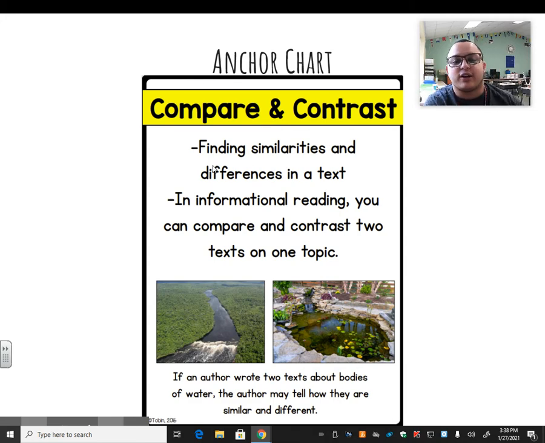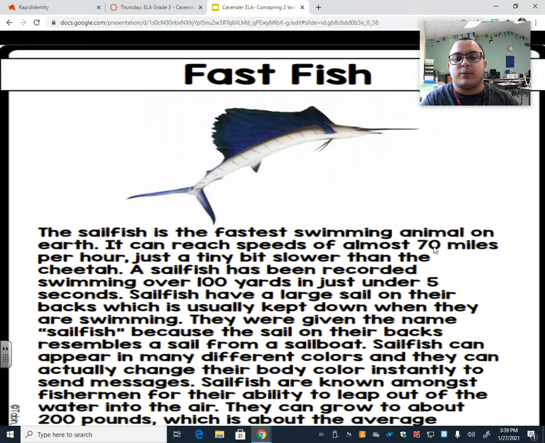When you're comparing, you're finding how they are similar. When you're contrasting, you're telling how they are different. In informational reading, you can compare and contrast two texts on one topic. If an author wrote a text about two bodies of water, the author might tell me how they are alike and similar. So that's what we're going to do today.